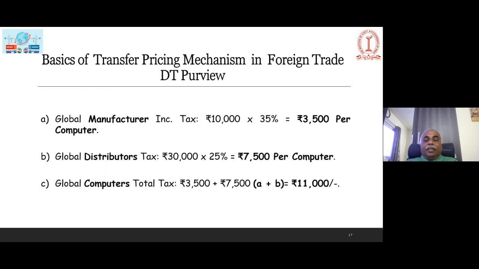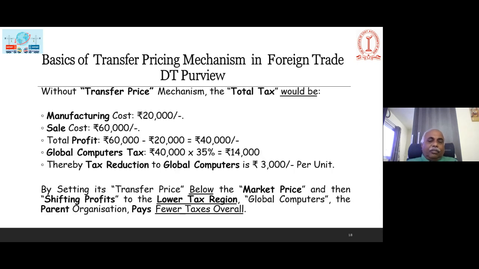The total tax in the earlier situation is 14,000 and in the current situation is 11,000, a tax reduction of 3,000 on account of the transfer price mechanism, because they shifted some of the profit from a high tax regime to a low tax regime by setting the transfer price below the market price.